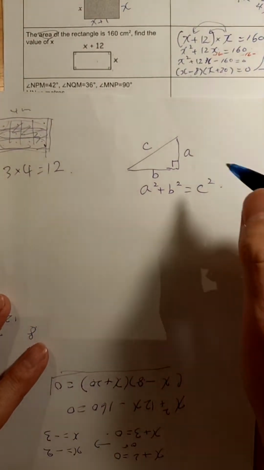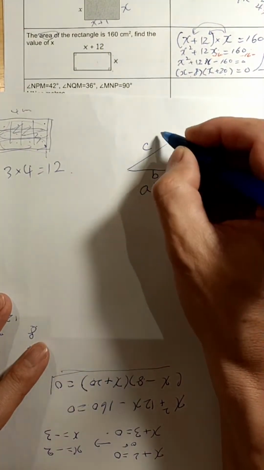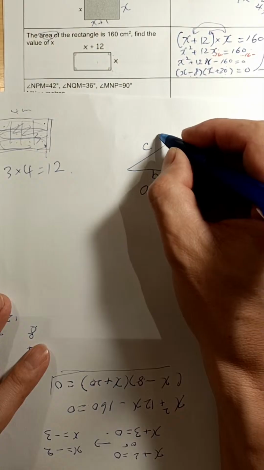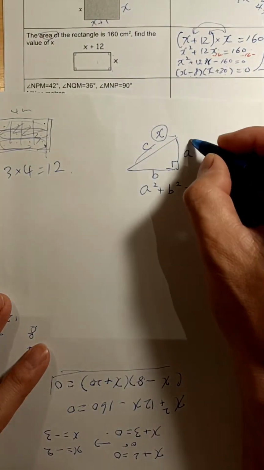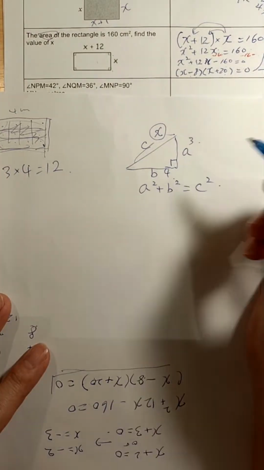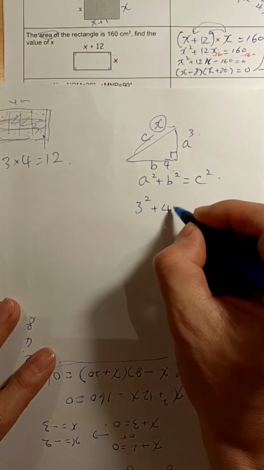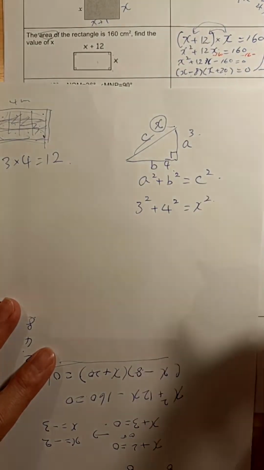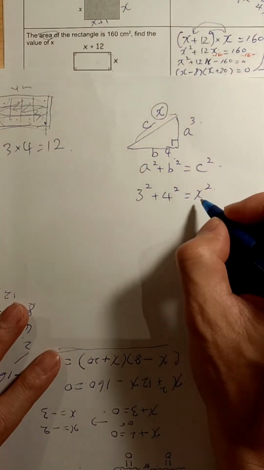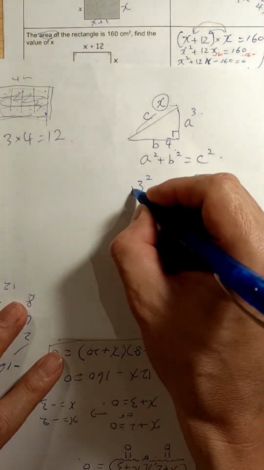Okay, so for example, if the hypotenuse, the longest side, is x, we don't know this length yet, and this is 3, and this is 4, 3 squared plus 4 squared is x squared. Okay, then to figure out x, you do the square root on both sides, isn't it?